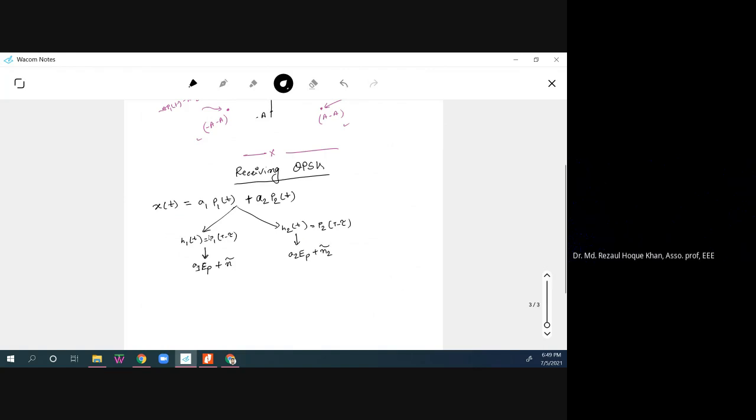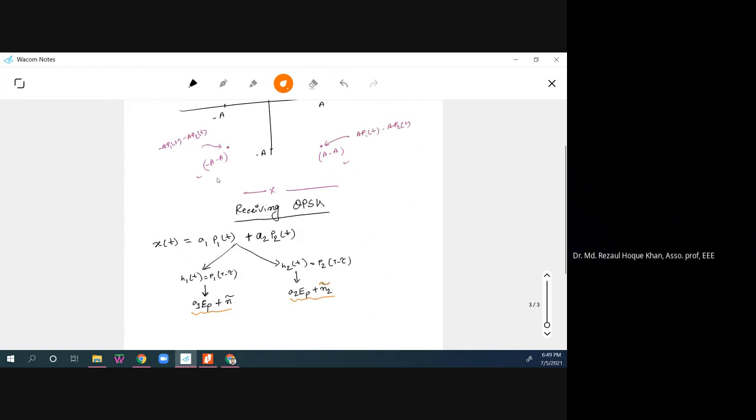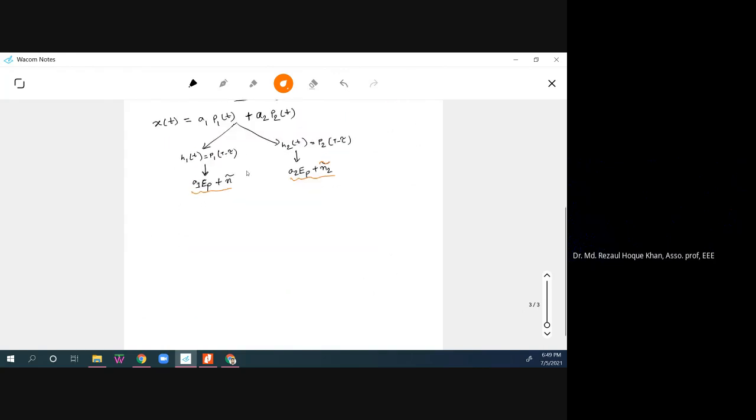Without solving this equation, we can easily guess that this will be the output, because we know the previous solutions. Of course, we can prove it. Okay, let's see.